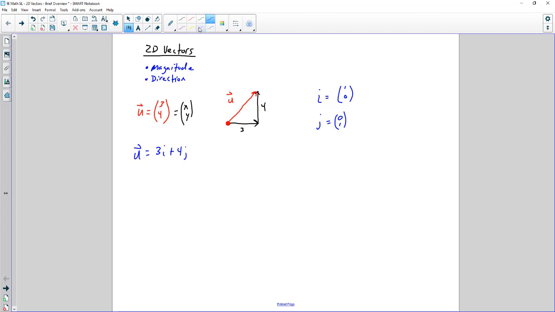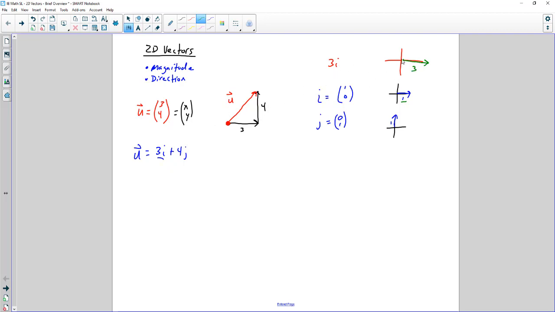So if I have a coordinate axis here, the vector i is going 1 in the x direction, and the vector j is going 1 in the y direction. So when I say 3i, I'm taking this vector right here and multiplying it by 3, which means it's going to be 3 times as long. So that's what this means.